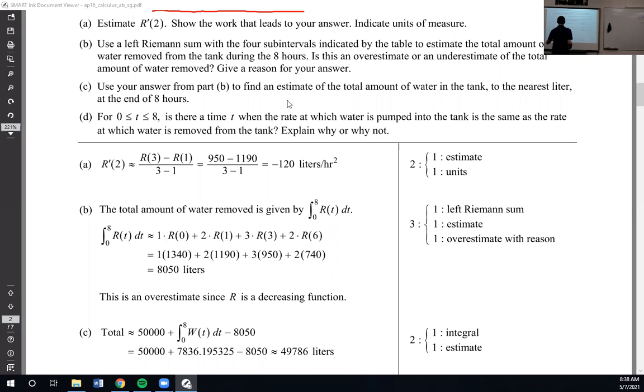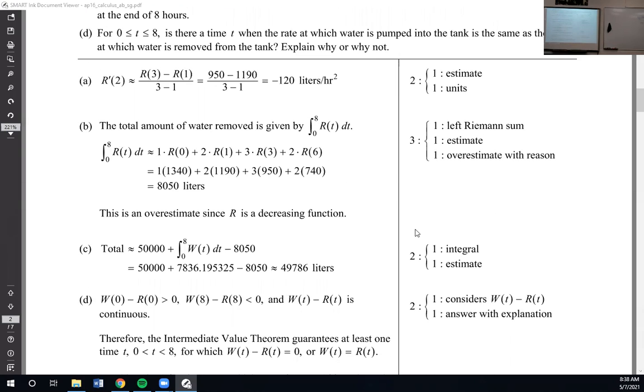And part D, is there a time t when the rate at which water is being pumped in is the same as the rate at which water is being removed? So in other words, it's asking, is there a time when W and R are equal? And this is an intermediate value theorem question. So one way we can do this is we're going to talk through intermediate value theorem.